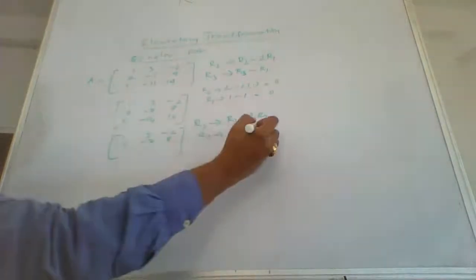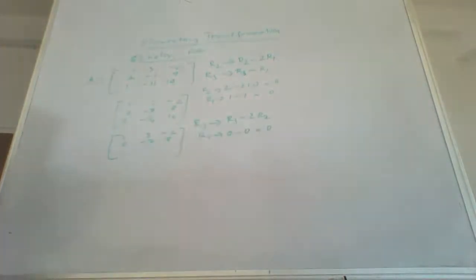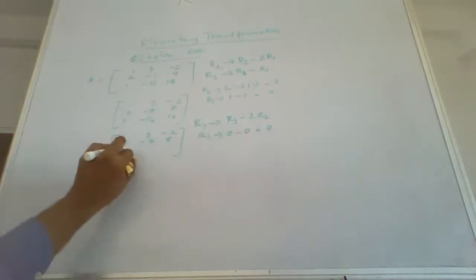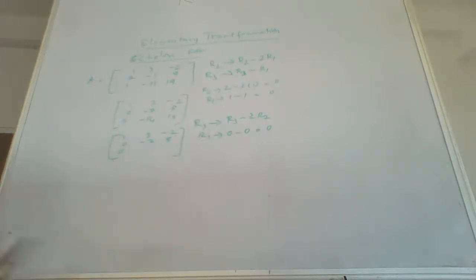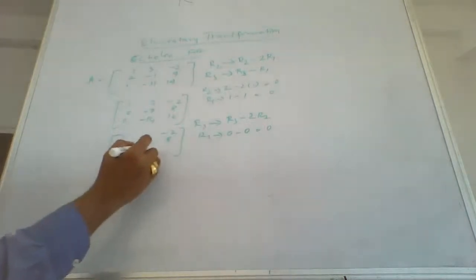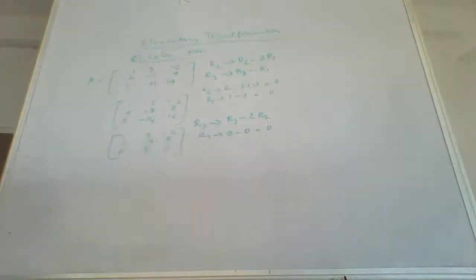So this results in 0 again, and the row 3 becomes 0. I hope you understood how I've done it. Likewise, for the next one, I would get 0, and this is also 0.